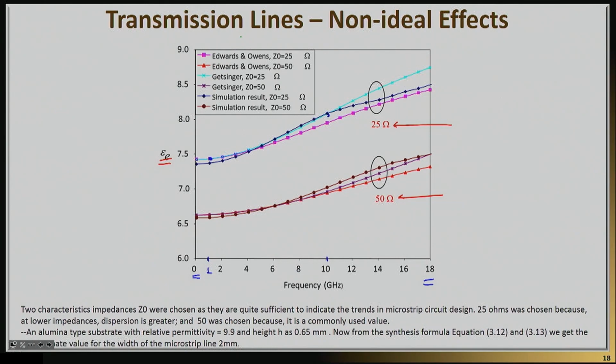For 50 ohms, it's a little bit better. And I'm not going to answer it here, but go ahead and think of why 25 ohms is worse. And the answer lies in the physical geometry. So remind yourself if a line that is 25 ohms is narrower or wider than a 50 ohm line, and the answer will immediately pop up. So that is an interesting thing for microstrip line that you should keep in mind.